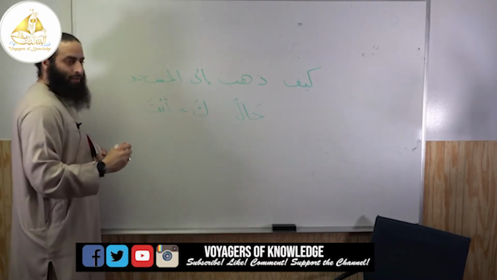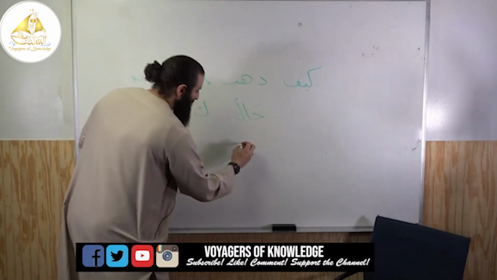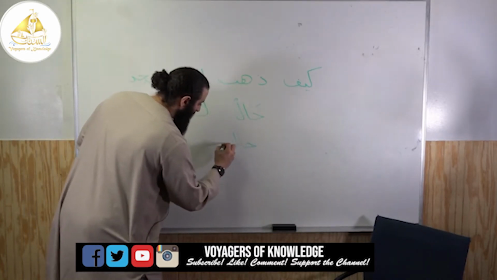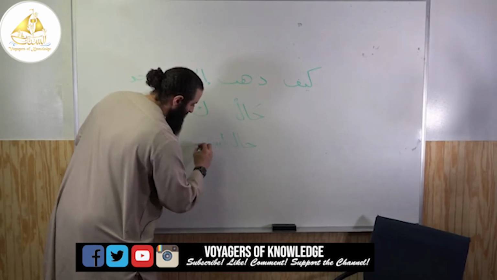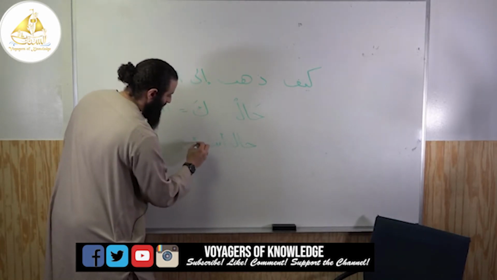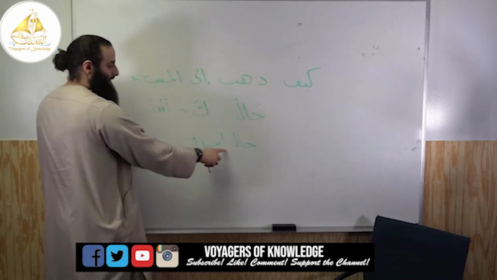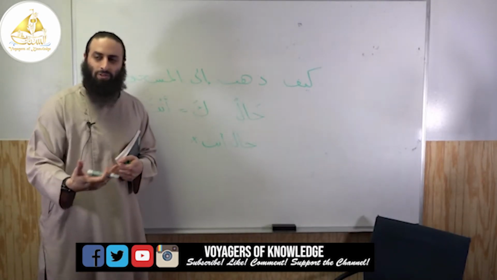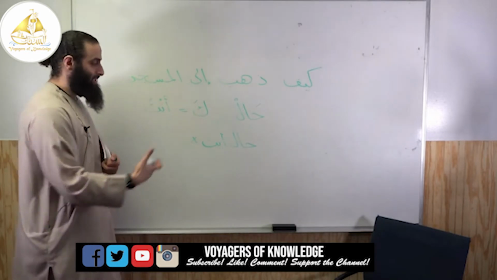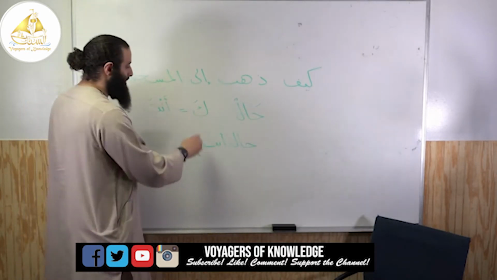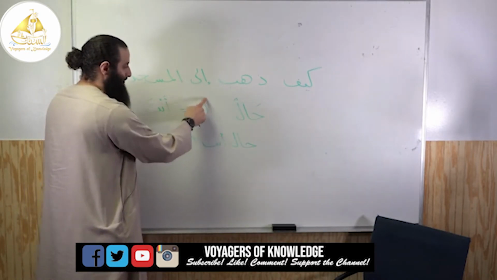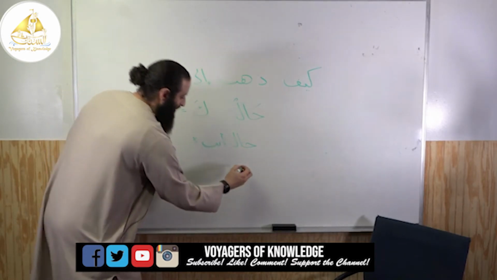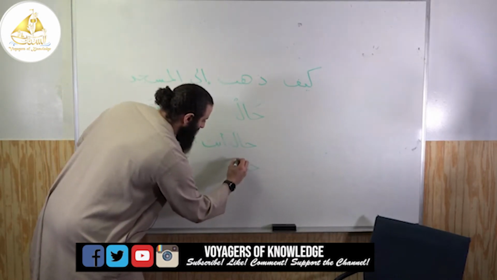You cannot say halu anta. You follow me? You can't say halu anta to say your condition or your status, right? To say how are you, you can't say halu anta, but you can take this kaf and you can place it on top of that or connect it.